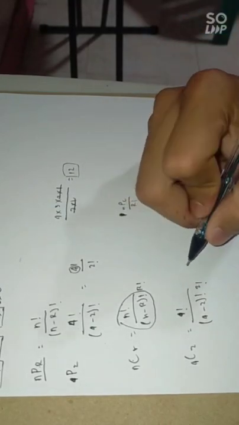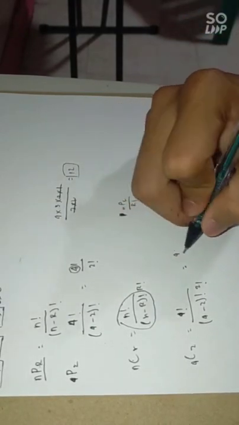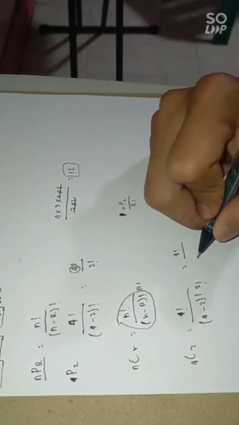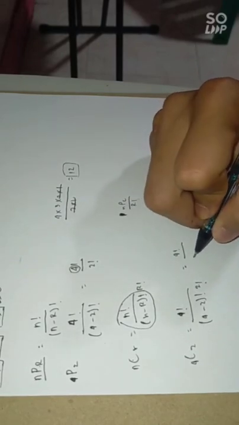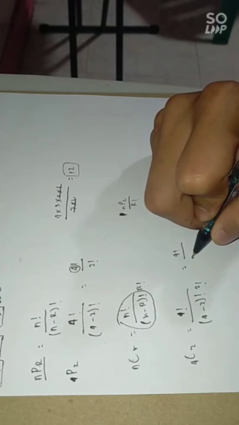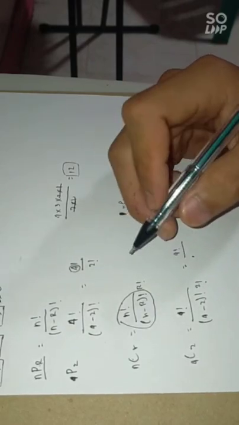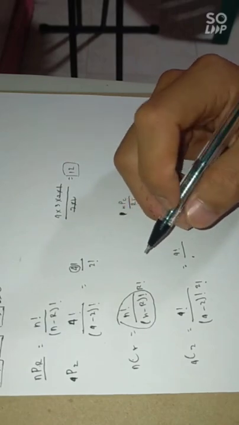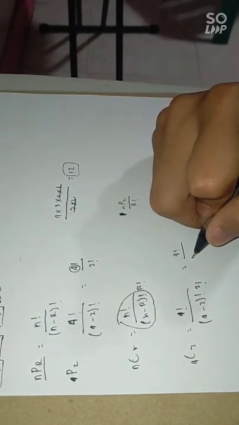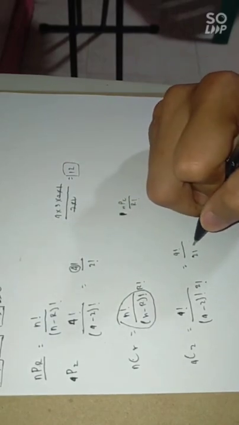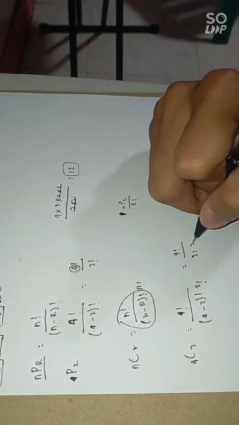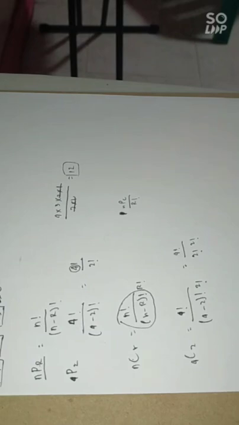And this is equivalent to 4 factorial over 2 factorial and another 2 factorial.